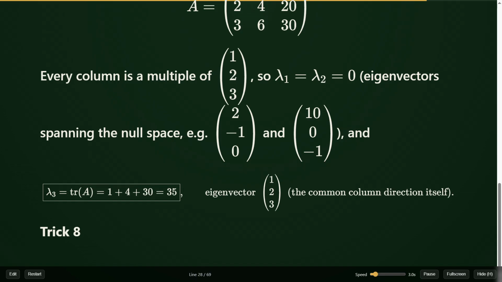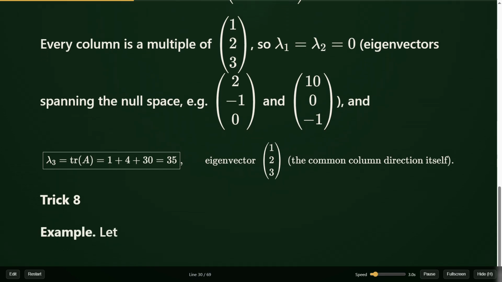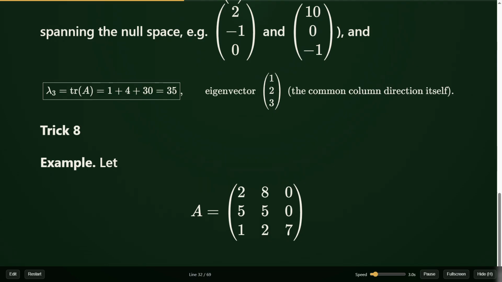Very interesting. Let us look at trick number 8. Let us take the example where we can observe something special. In this matrix A, you will find that 7 is in the corner position. Therefore, the first eigenvalue is 7.